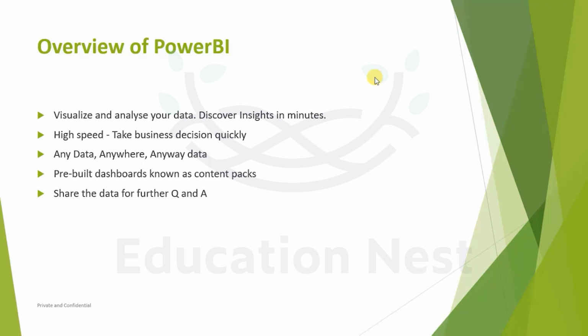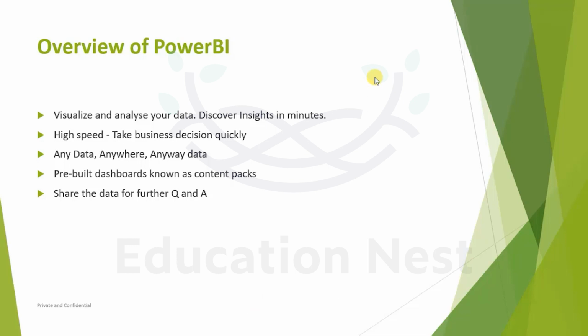For example, if you have a website, and if you have Google Analytics data, you can just download or link that data into Power BI, and Power BI would show you different kinds of KPIs related to Google Analytics, which would help you evaluate different kinds of plans and take decisions.